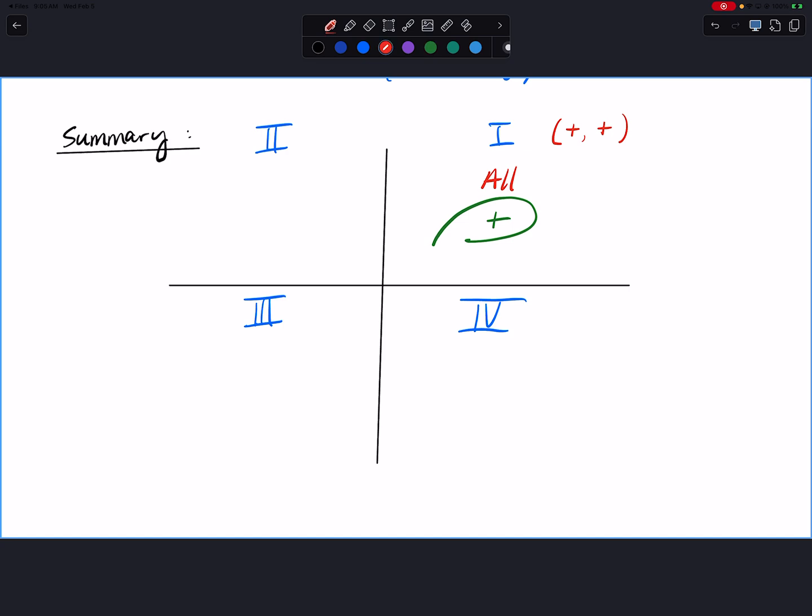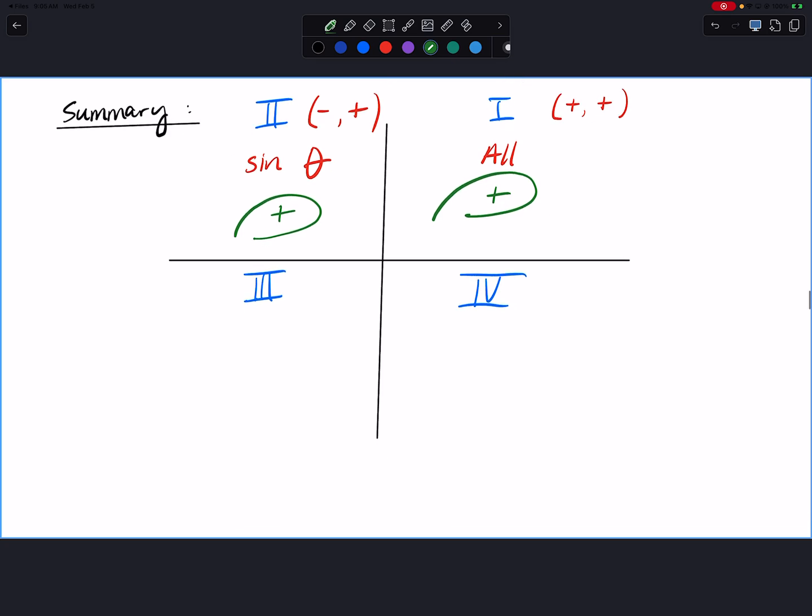The takeaway from quadrant 2 was what? Sine of theta is positive. The takeaway from quadrant 3 was what? Tangent is positive. And the takeaway from quadrant 4 is cosine is positive.